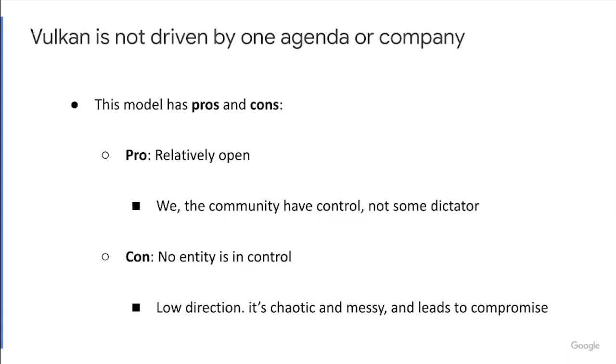And the word compromise, it's not meant to be negative. It can be positive as well. We've collectively decided to do this in a certain way for the benefit of everyone. So it's not a negative compromise, but enabling everyone to be part of the ecosystem.